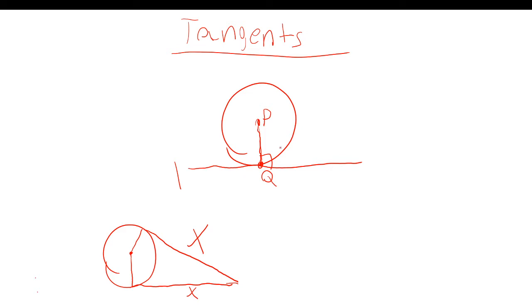This applies to any tangent. So a radius drawn to a point of tangency makes a right angle.